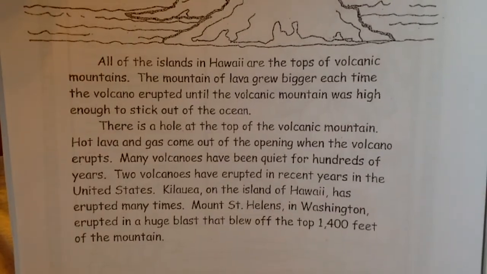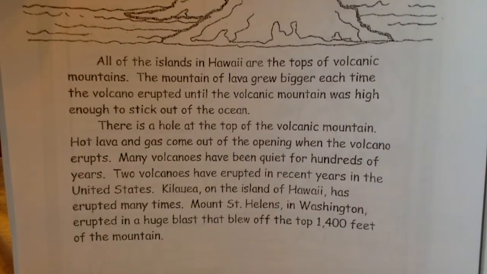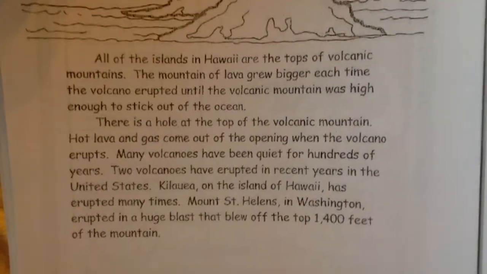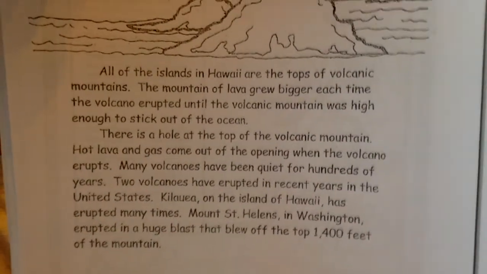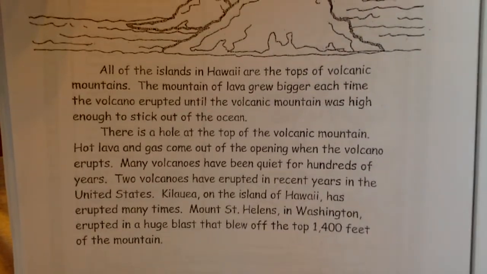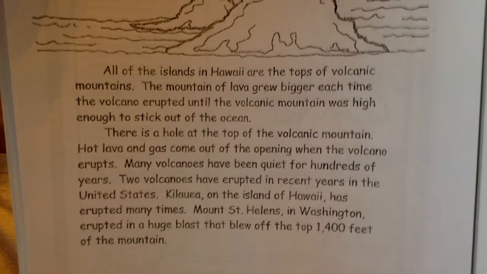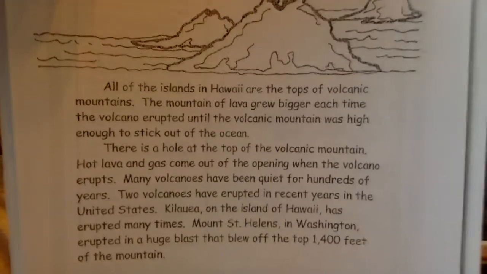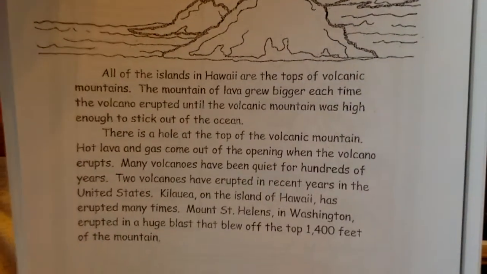Kilauea on the island of Hawaii has erupted many times. Mount St. Helens in Washington erupted in a huge blast that blew off the top 1,400 feet of the mountain.